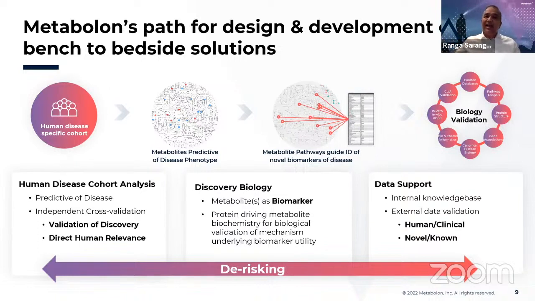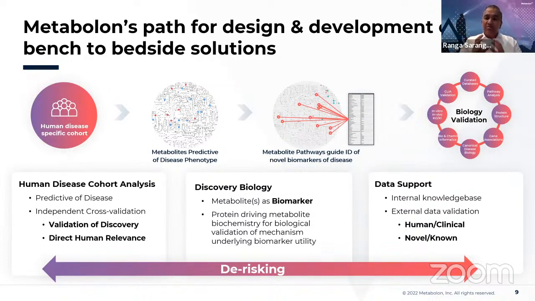And then on the other end of that spectrum, we have patient cohorts with a very profound manifestation of the disease associated with the clinical data. Then metabolomics becomes a pivot point for the identification of a panel of potential biomarkers that can then be cross-validated within the internal data sets that are generated.